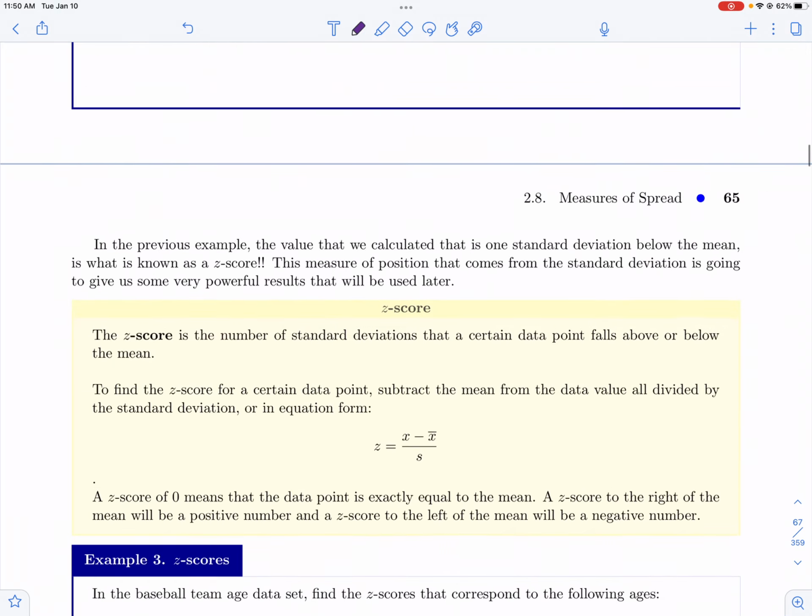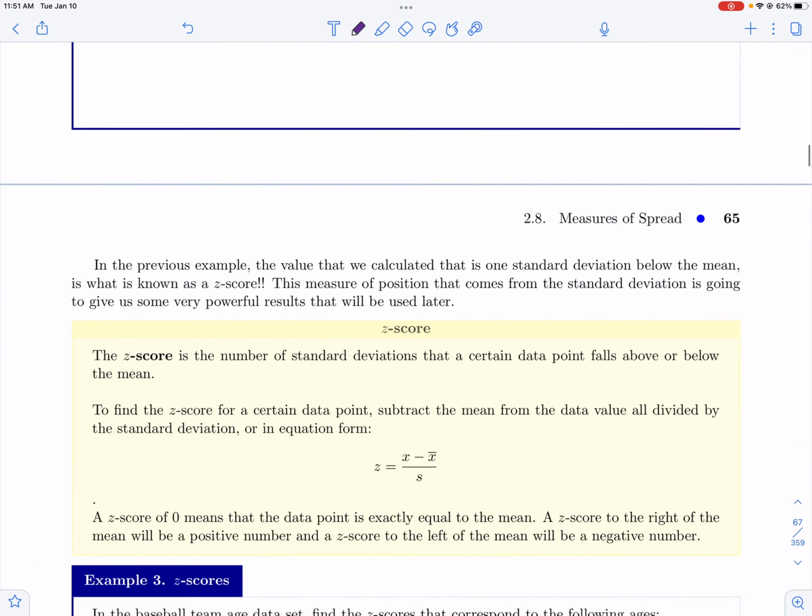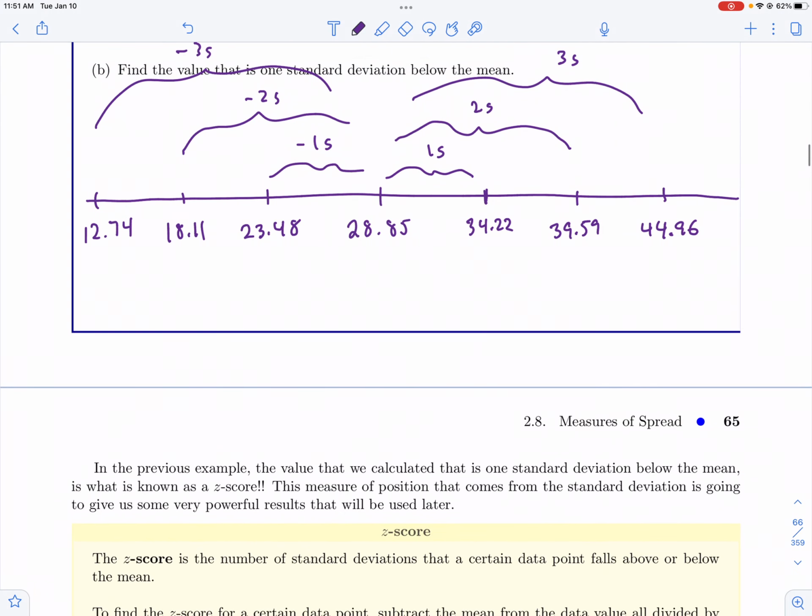All right, so finally, let's talk about our z-scores. So the scores that we have calculated are in fact z-scores themselves. These just happen to be very nice z-scores. So in this case, 34.22 is the number that we get if we have a z-score of exactly 1, because it's exactly 1 standard deviation away from the mean.